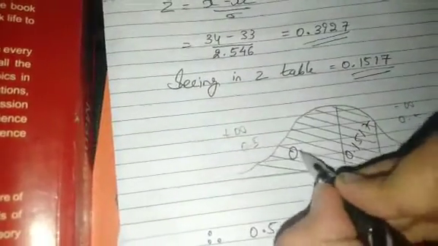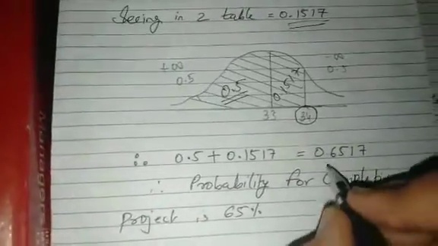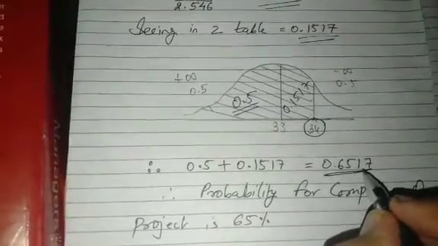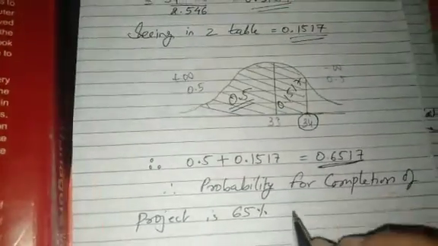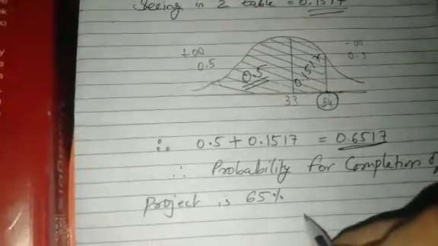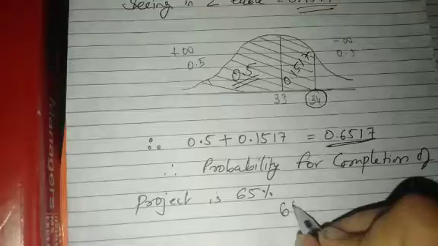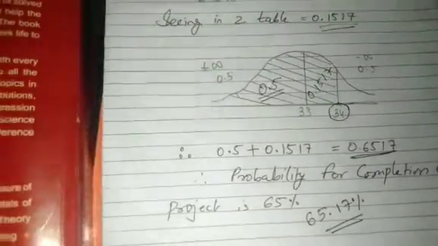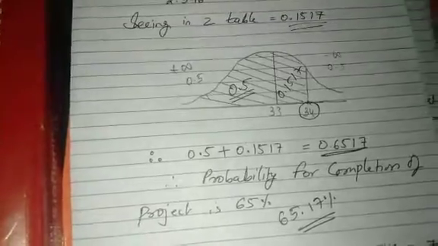This area is basically 0.5. So I would add it and write 0.6517. So we can say that the probability for completion of the project is 65%, or precisely 65.17 percent. So this was the basic sum of PERT.